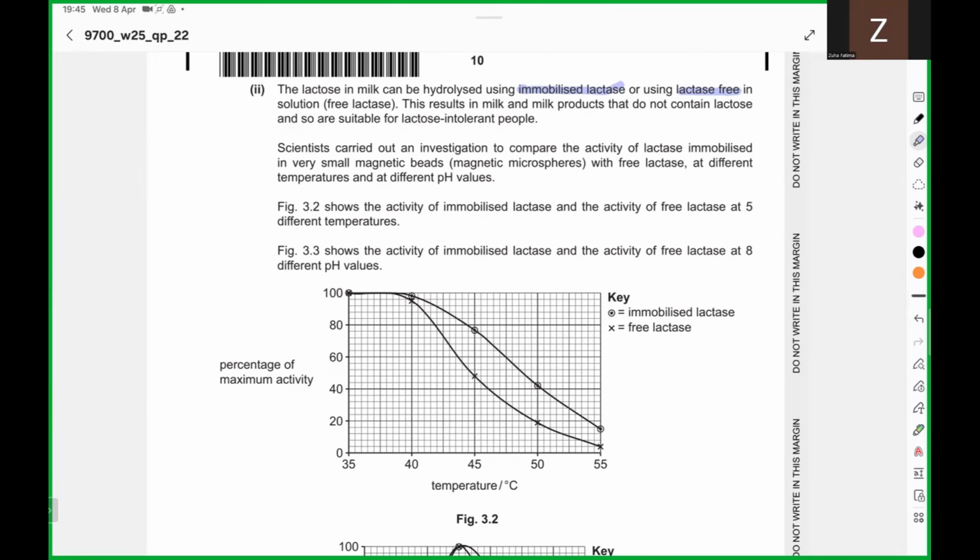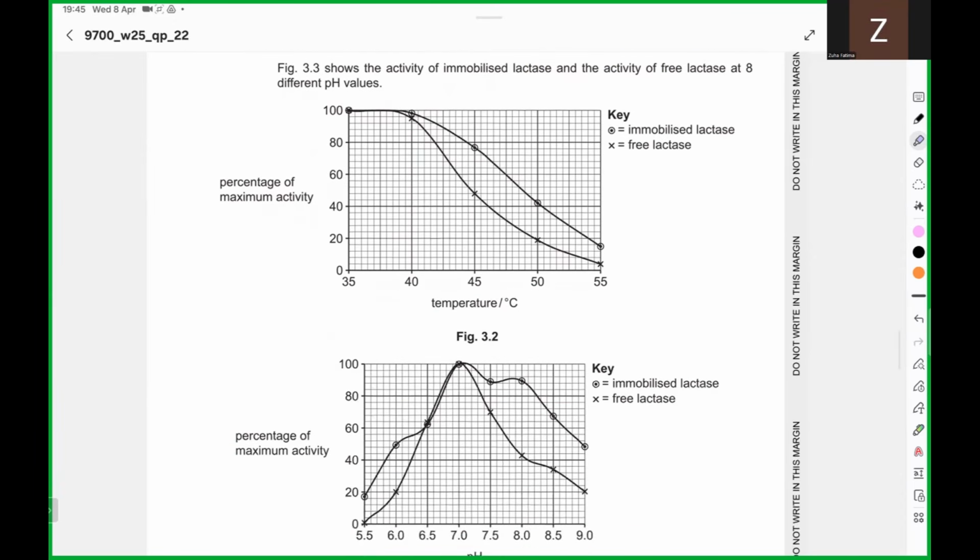Figure 3.3 shows the activity of immobilized lactase and the activity of free lactase at 8 different pH values. तो हमने पीएच पे दोनों की कैसी एक्टिविटी होती है और डिफरेंट टेम्परेचर्स पे कैसी एक्टिविटी होती है वो ऑब्जर्व किया. नाउ हम क्लियरली देख सकते हैं कि हमारे पास जो परसेंटेज एक्टिविटी ऑफ द इमोबिलाइज्ड लैक्टेज एंजाइम है इट इज बेटर देन द फ्री लैक्टेज. तो हमारे पास हायर यील्ड ऑफ हाइड्रोलिसिस प्रोड्यूस हो रही होगी.